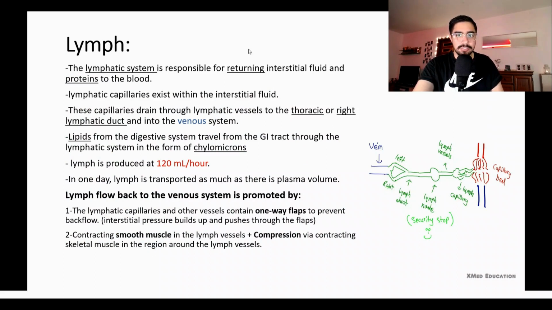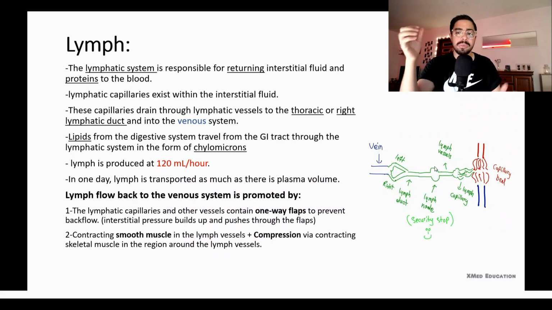So what is lymph? Lymph is the system that takes up everything that cannot be absorbed by the capillary again. Or for example, if there are some bacteria here, they will go to the lymph system to be removed by the white blood cells there. So we have lymph capillaries, then lymphatic vessels, and then lymph nodes.